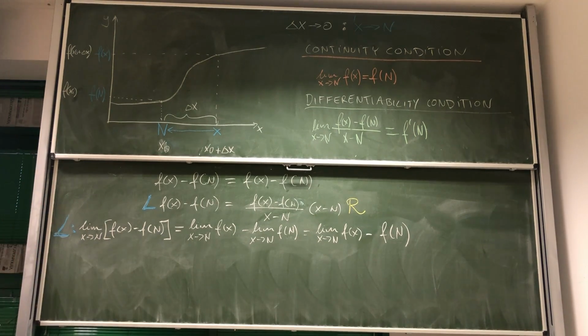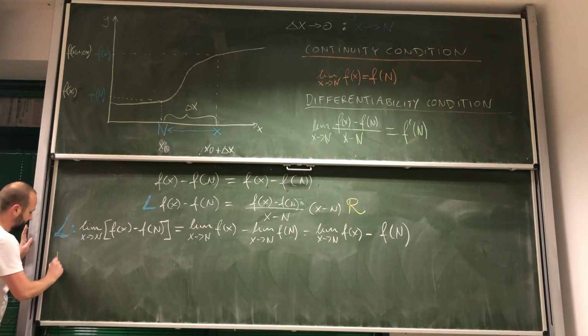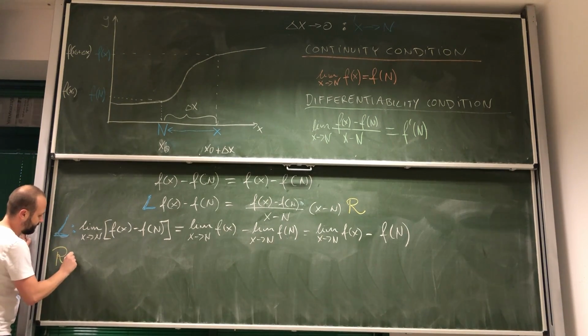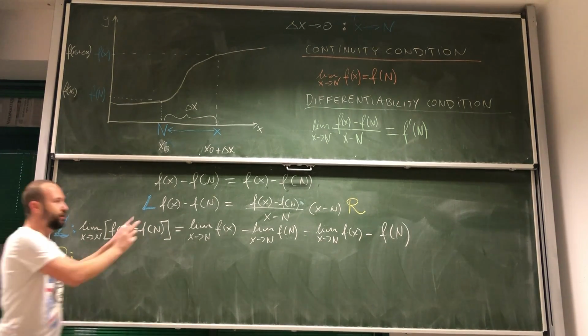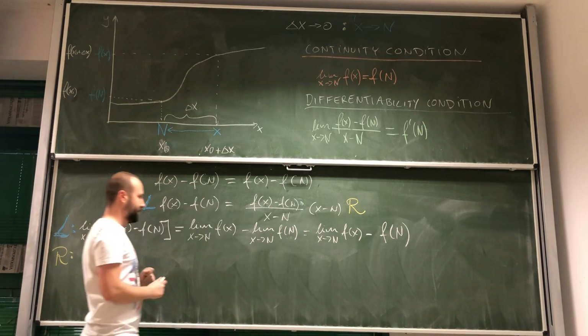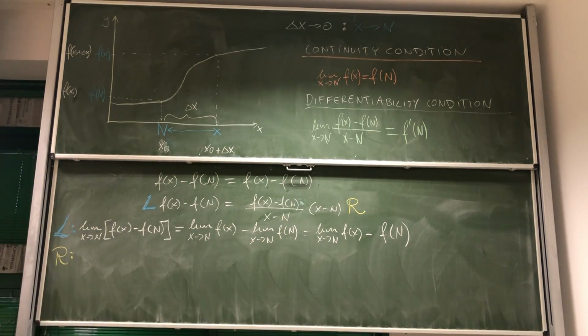Okay. Now, let's go to the right side and let's do exactly the same thing. So, let's take what we have on the right hand side, and we know they are equal to one another, and let's calculate the limit.